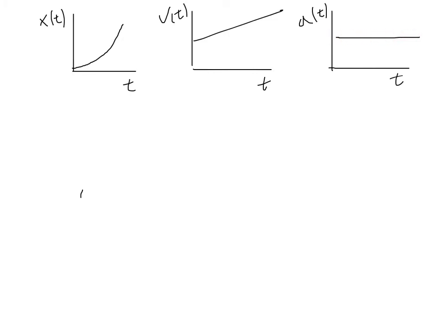Now, remember I told you that physics and calculus were twin children of Isaac Newton. They were both invented at the same time, and one was for the other, and I think calculus was for physics. And here's one of the reasons why: because the derivative, the slope of position versus time, is velocity, and the derivative of velocity versus time graph is acceleration, it only makes sense that the antiderivative of acceleration must be the velocity versus time graph, and the antiderivative of velocity versus time must be the position versus time graph.